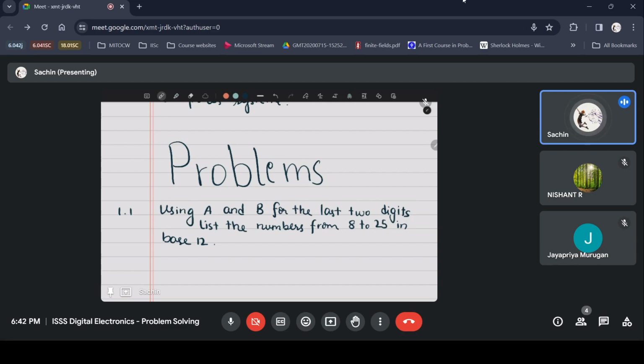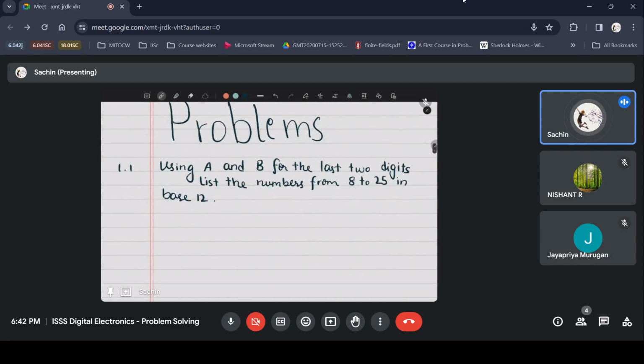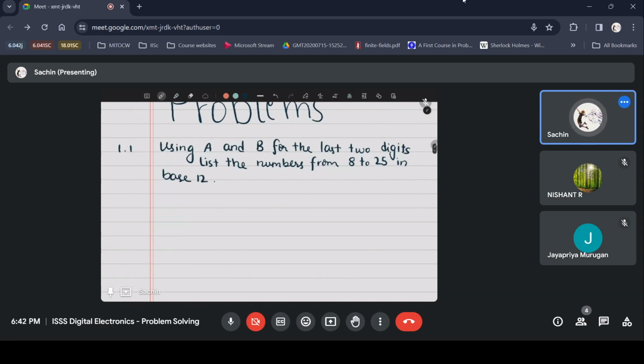Okay, we'll start out with a very simple one. Using capital A and capital B for the last two digits, list the numbers from 8 to 25 in base 12. Alright, so base 12, there are 12 digits.